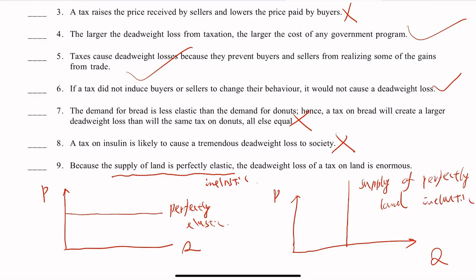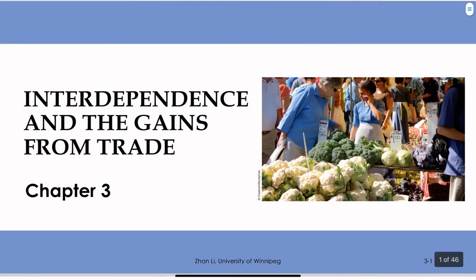Okay, great. Now we could proceed to talk about international trade. We will cover both chapter 3 and chapter 9 to discuss international trade. Chapter 3 is the foundational chapter, which talks about comparative advantage.